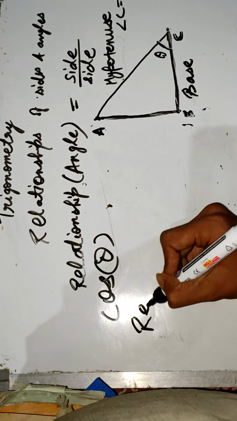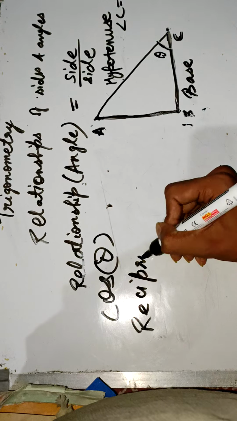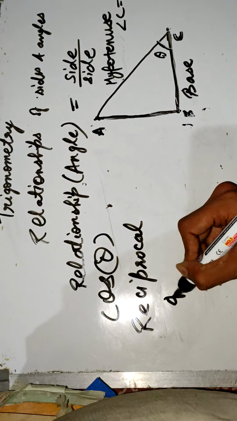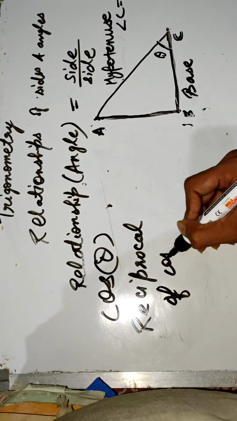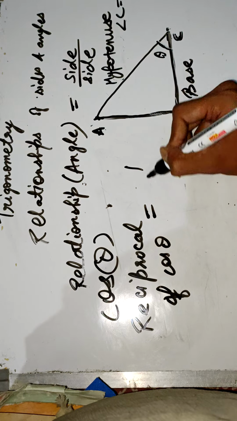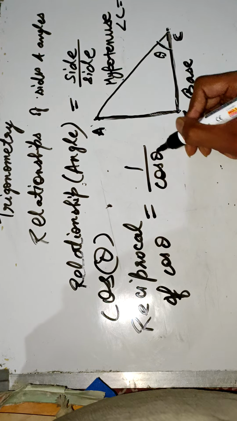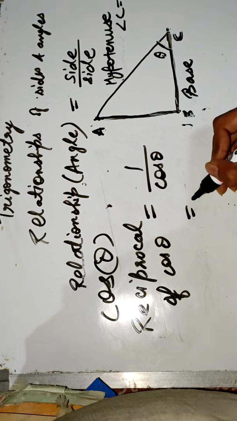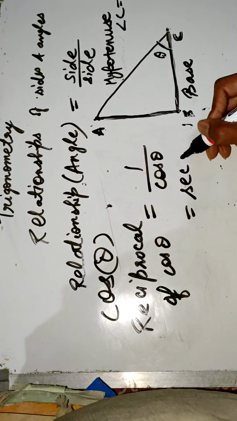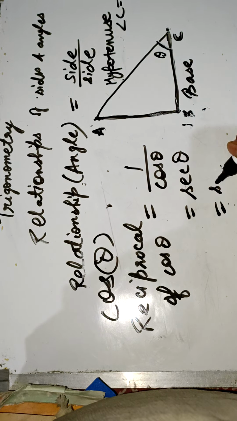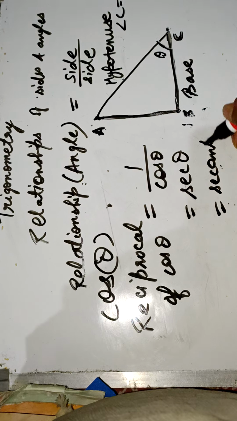The reciprocal of cos theta is equal to 1 upon cos theta, also called sec theta or secant theta. Alright.